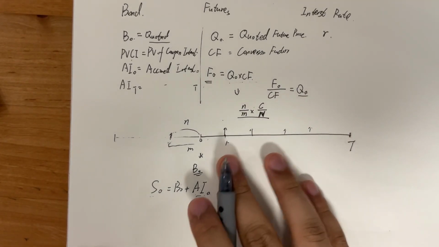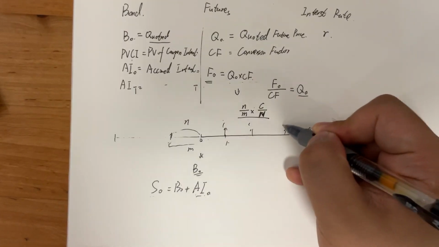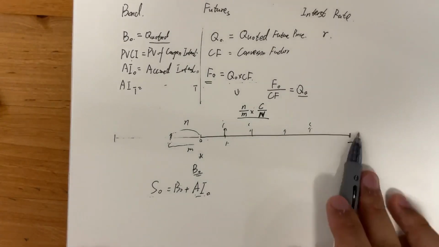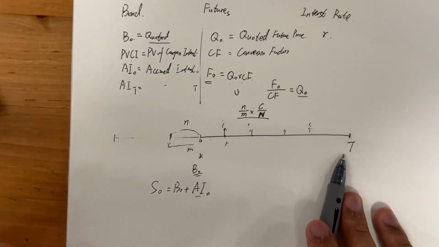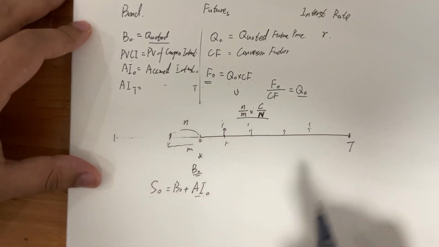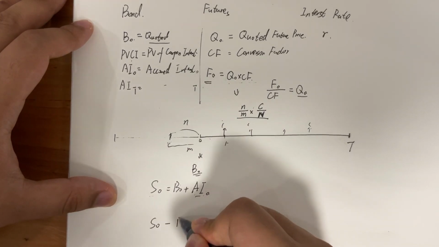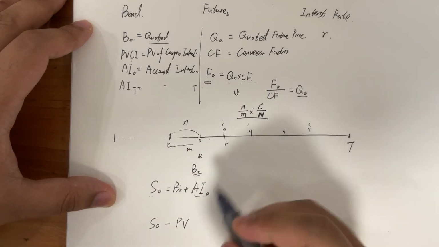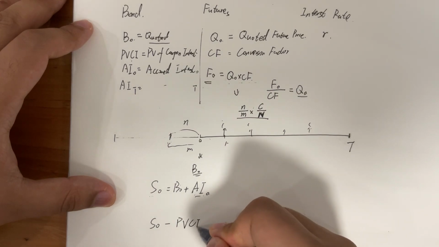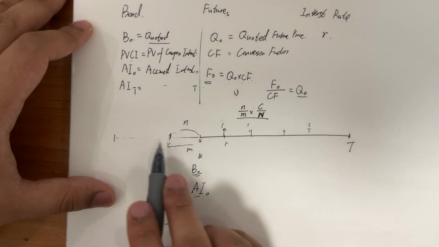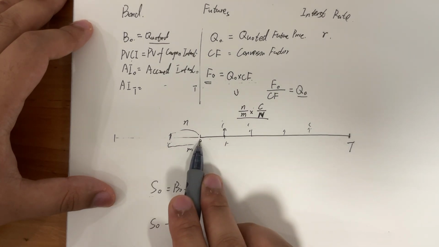We got a lot of coupon interest. If you make that to the future, you are not going to receive it. So you're going to subtract. So this is S0. S0 subtract the present value of all this coupon interest, CI, that you're not going to receive. If you buy in the future, you're going to subtract that. You're going to discount that back to time 0.